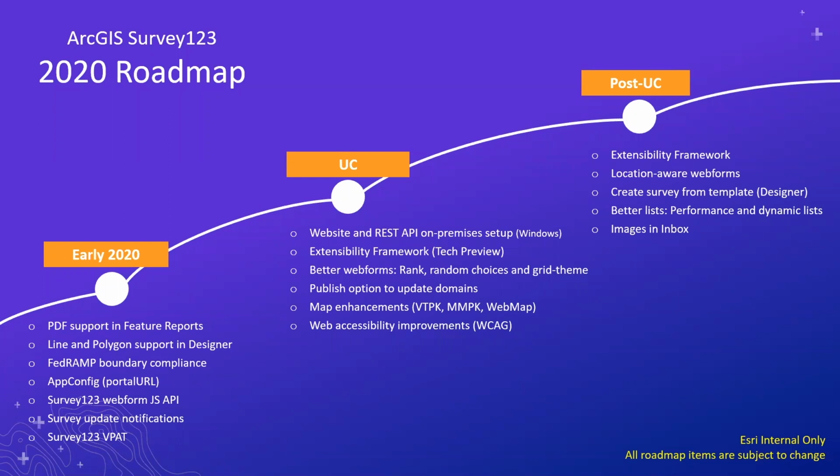That's been a huge request. People want to be able to do that, and better web accessibility and mapping enhancements by being able to embed a mobile map package. And then further down the road, pulling images back and forth through the inbox, surveys from templates. That's been a big one, to be able to create a survey template where you could get a jump start on developing a new survey.